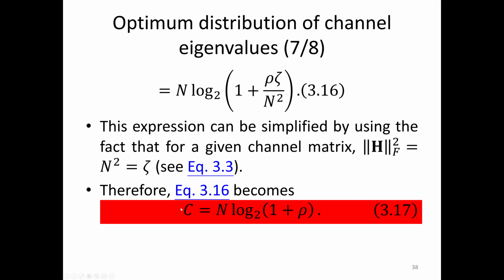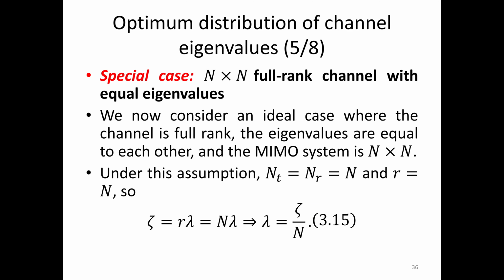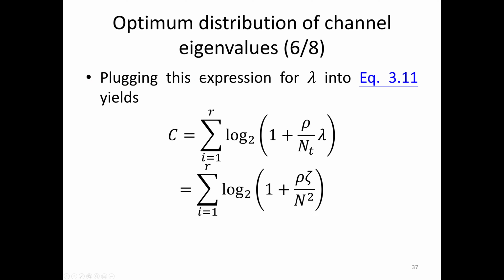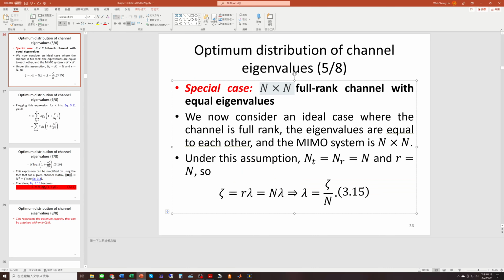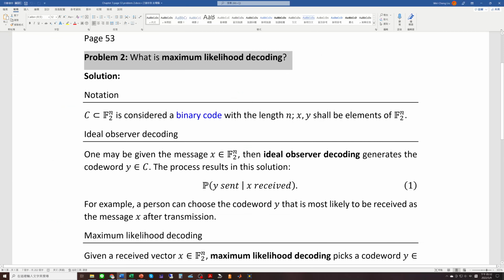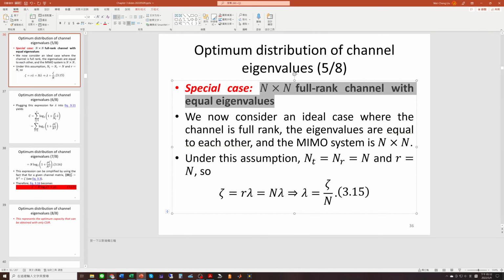So in order to conveniently compare, consider the case of an N by N full rank channel with equal eigenvalues. Let me copy this to write it on the blackboard.